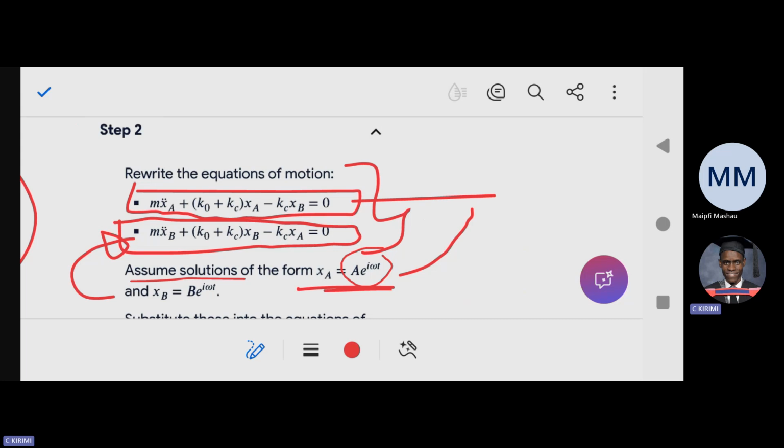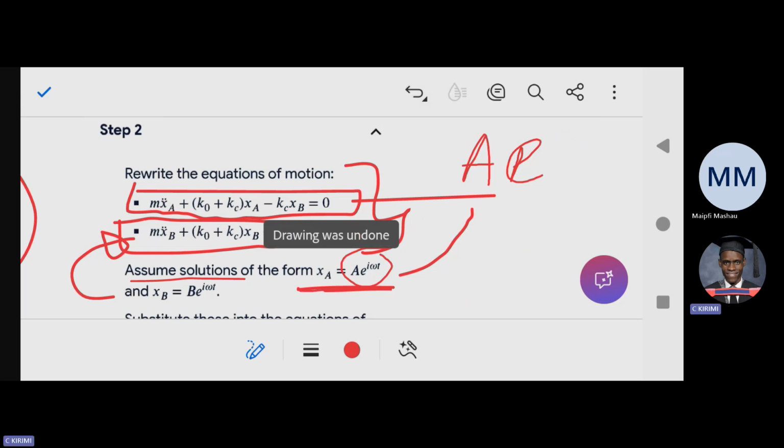Remember, what satisfies a differential equation is an exponential form. E to the power kx, remember from differential equations. Any form that satisfies the differential equations is a constant times e to the power rx, which means i omega t.